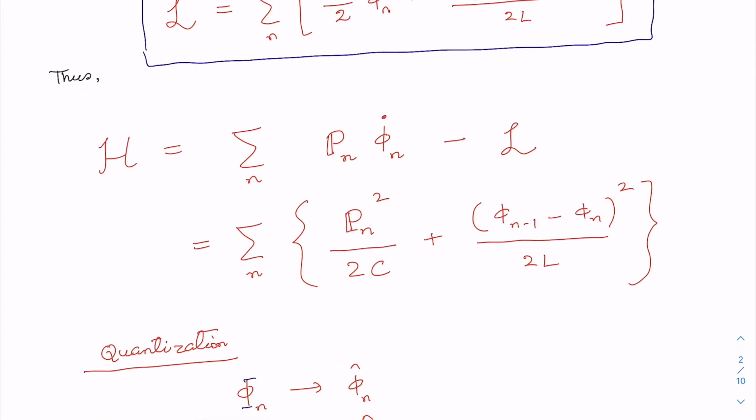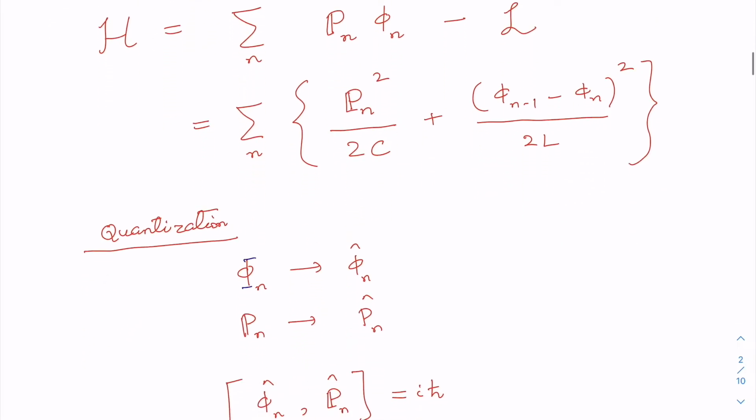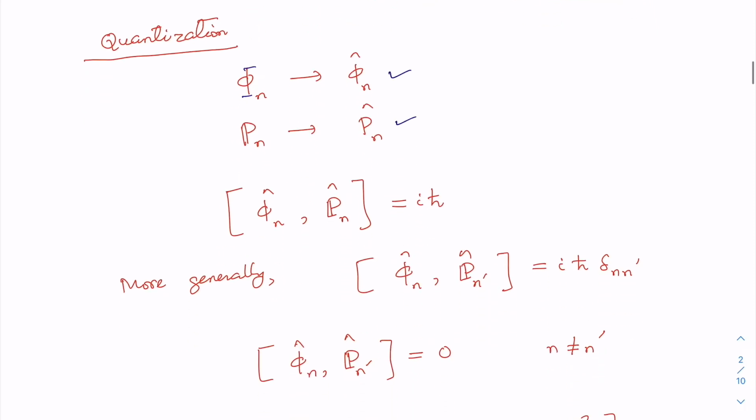This is the classical Hamiltonian, and it turns out that this momentum and the coordinate are canonically conjugate variables, so we can invoke the canonical quantization method. We do that by writing the magnetic flux and the momentum as operators, and invoking this Heisenberg uncertainty relation we can quantize it.